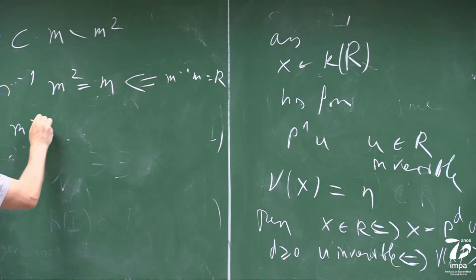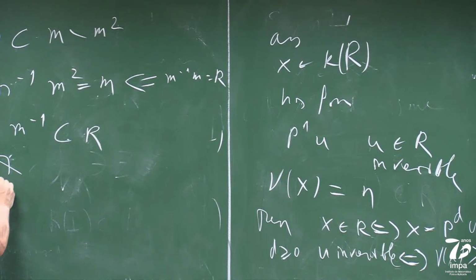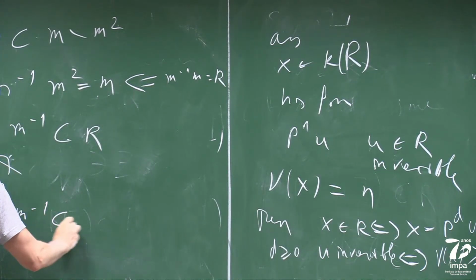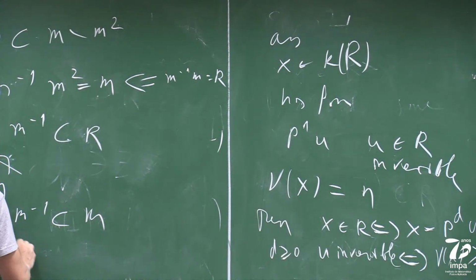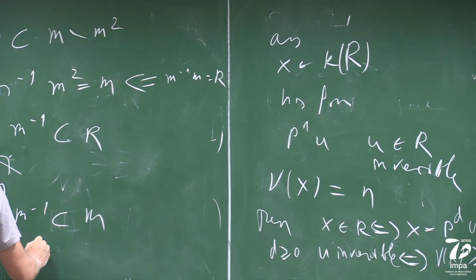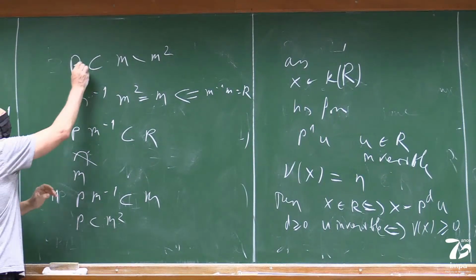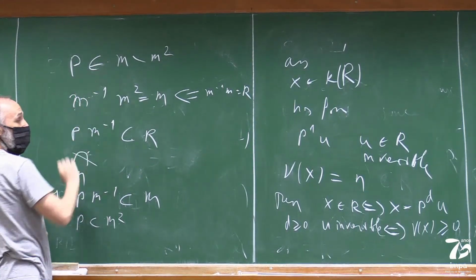And then you take p multiplied by m^(-1). So p belongs to m, and therefore this belongs to R. But it cannot belong to m, because if p m^(-1) belongs to m, then I multiply both sides by m^(-1) and I obtain p belongs to m squared, which contradicts our assumption on p.